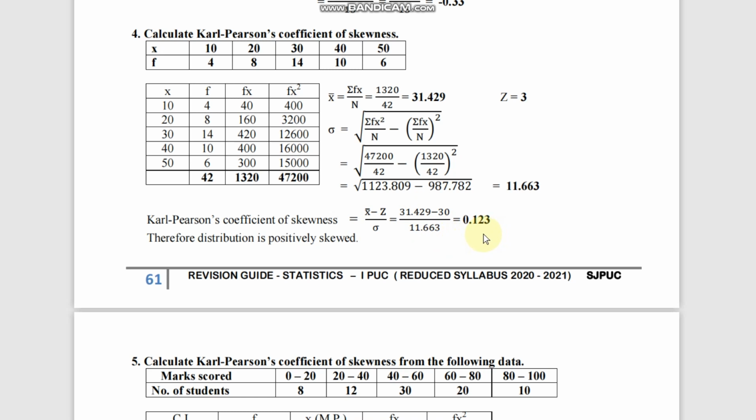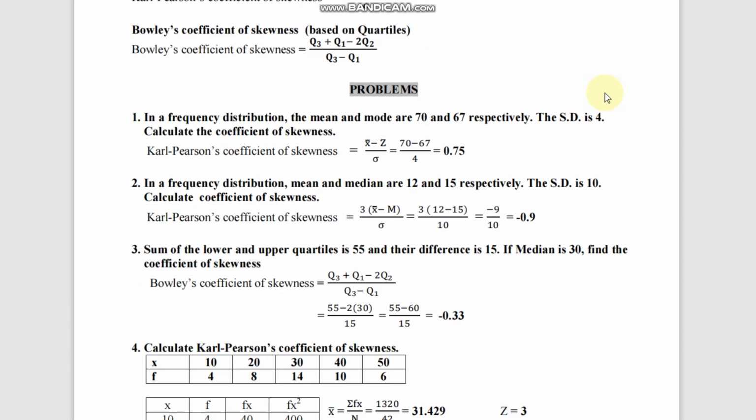So now the interpretation of the answer is very important here. If this answer is a positive number, that means the distribution is positively skewed. That is, if you draw the graph here, then you will get the curve as we discussed in the previous segment.